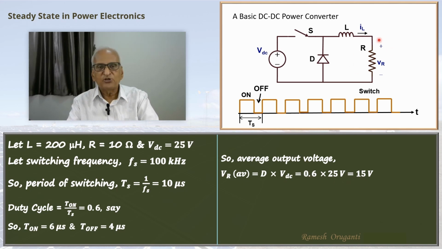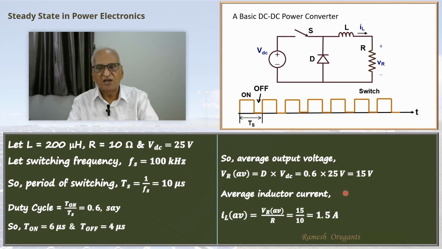With that load voltage value, we can find out what the load current will be, which is the average voltage here divided by the resistance. That is 15 volts divided by 10 ohms, and that will be 1.5 amperes. The average current in the load is the same as the average inductor current. Remember these values.